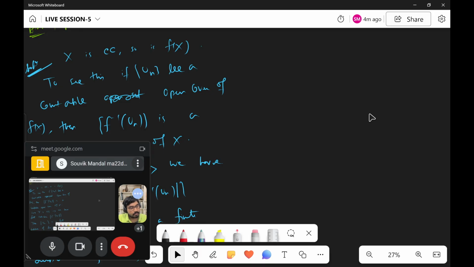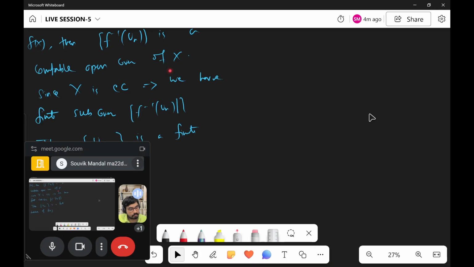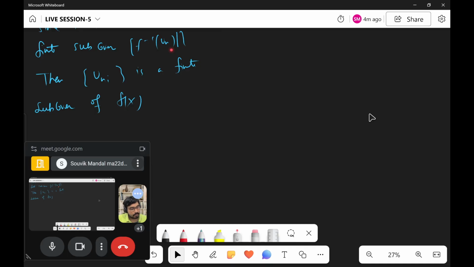If Un is a countable open cover of f of X, you can consider f inverse Un, which is a countable open cover for X. Now since X is countably compact, we have a finite subcover of f inverse Un. So the corresponding Uni is a finite subcover for f of X. So that is the argument.